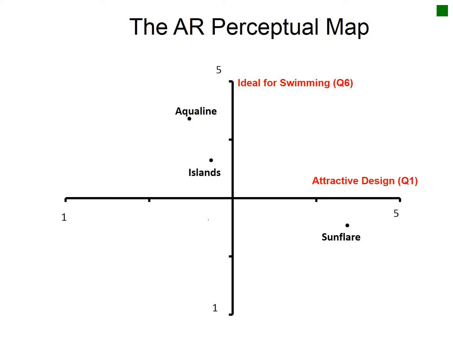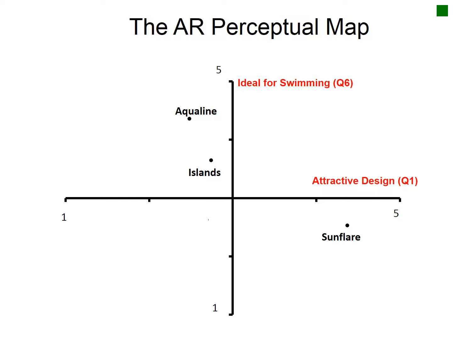Again, in a perceptual map, we typically do this in 2-dimensional space. Occasionally there'll be a 3-dimensional space perceptual map, but in this case what I have illustrated here is a 2-dimensional map, which means we can only use 2 of the 15 different attributes.